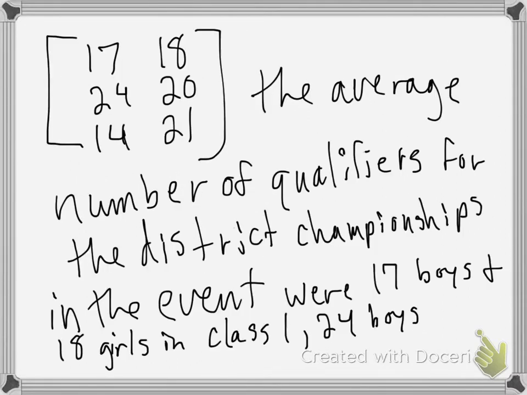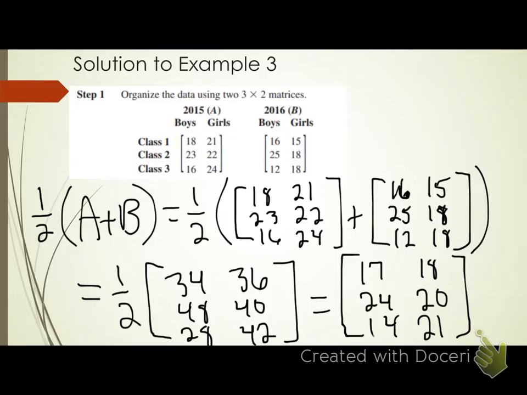So I got all that from that matrix. The first row of my matrix is representing the average for Class 1. Once again, the left column is boys, the right column is girls.